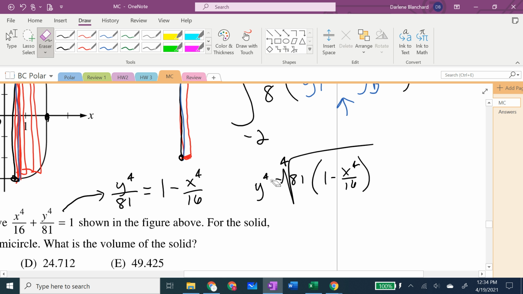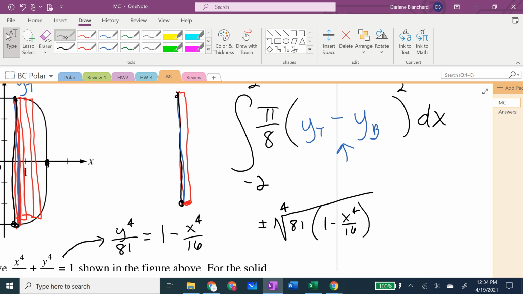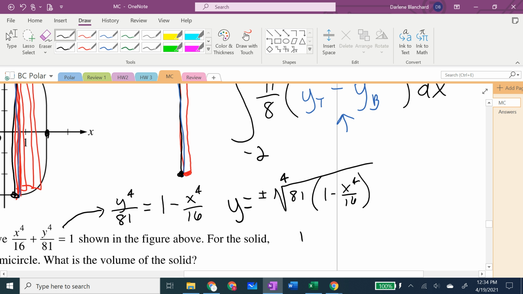And if you even root, what happens when you even root an equation? You got that plus or minus. So that means this is positive, the fourth root of that lovely stuff. This one is negative, the fourth root of that lovely stuff. If you take the positive and you subtract the negative, do you see that you actually get 2 times that?